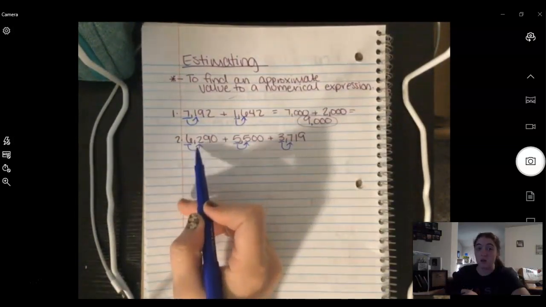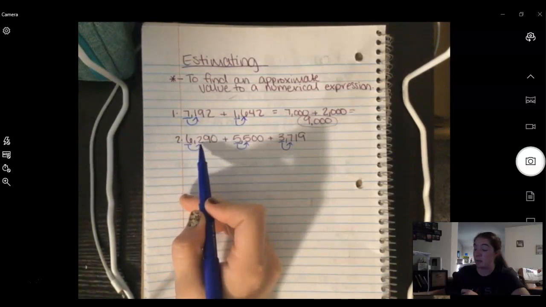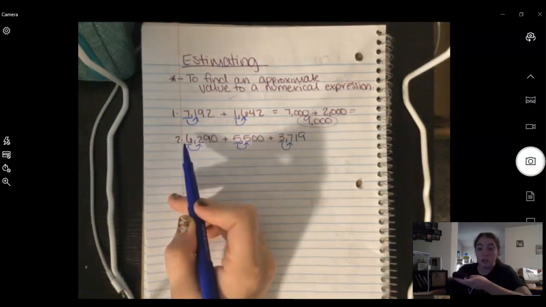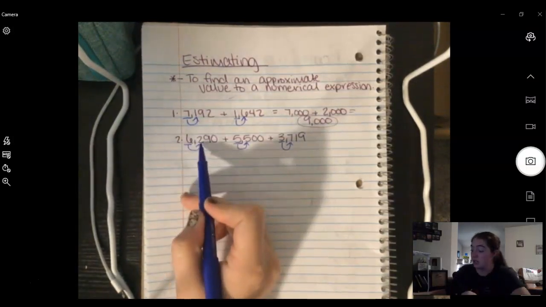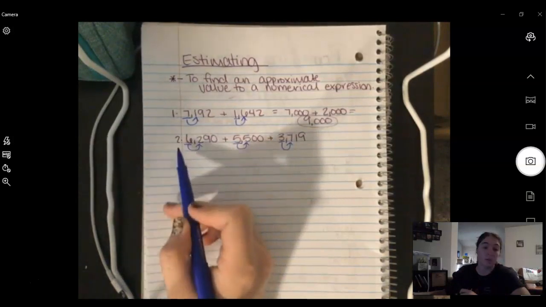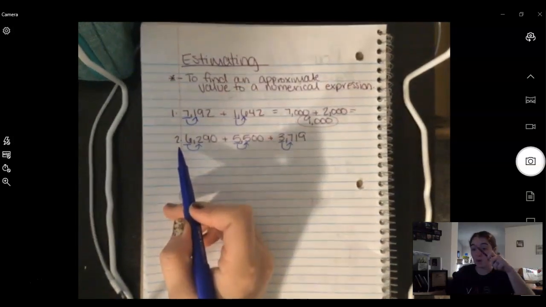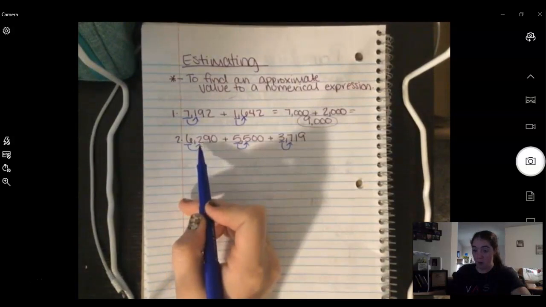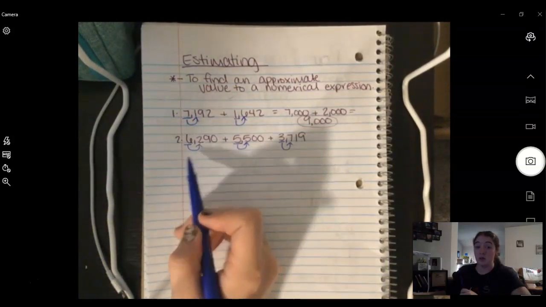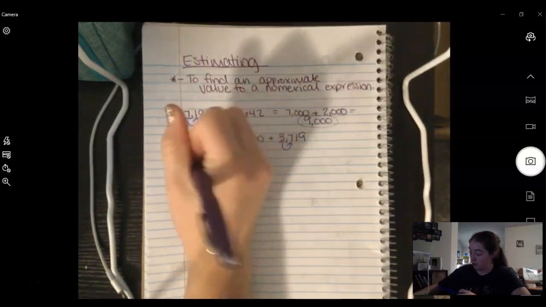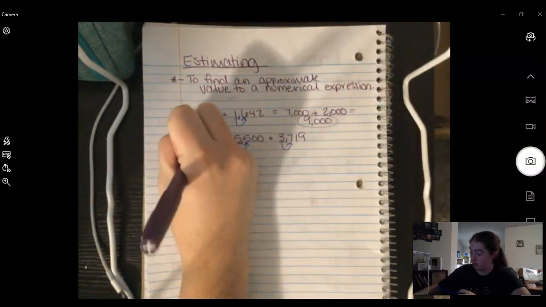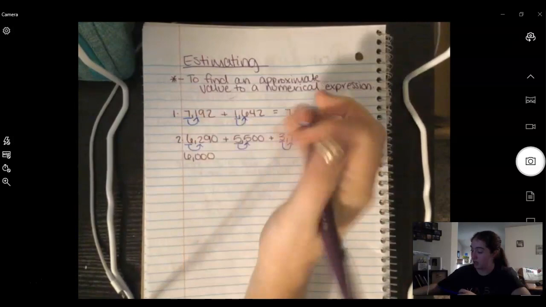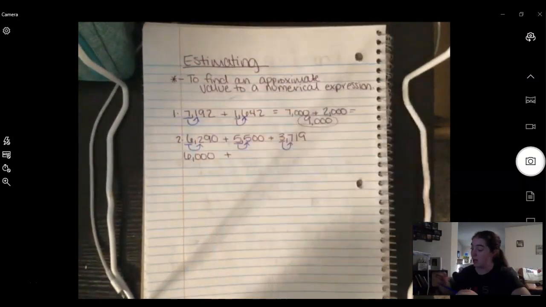Then I'm going next door to the right to see what number is going to tell the 6 what to do. So this number tells the 6 whether to either go up or stay the same. Well, we know 2 is below 4, so it's going to let the 6 rest. So it will round to 6,000. We're adding, so we keep that addition sign.